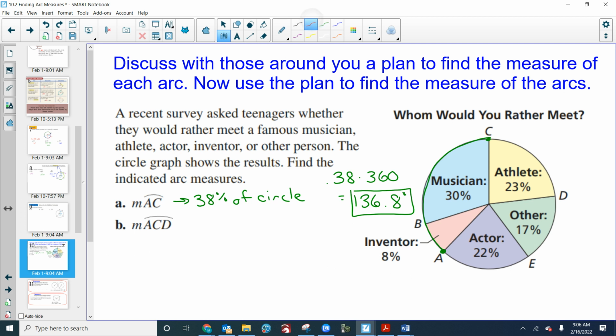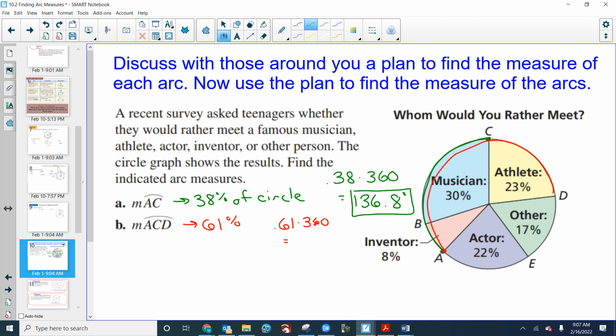All right, ACD. Okay, it's what we just found, 38% plus another 23%. We're up to how many percent now? Hold on a second. 61, I think, right? 38 and 23. So 61%. 0.61 times 360.